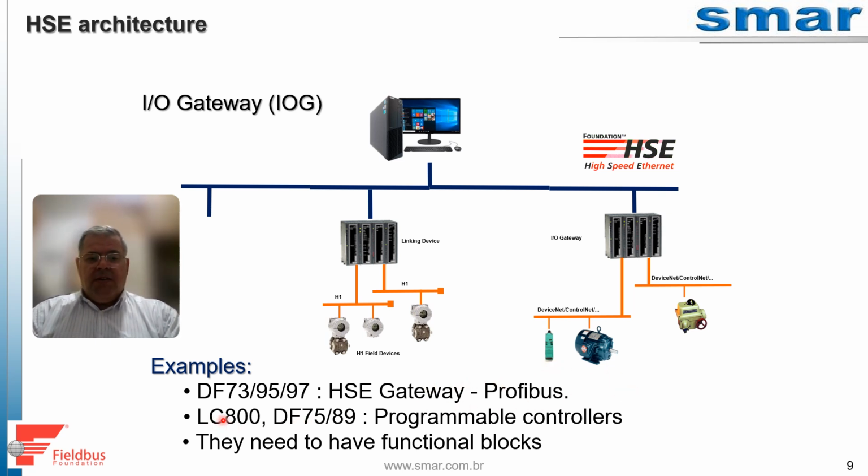For example, the LC800 and DF75 models are included. The programmable controllers, like the DF89, are programmed with ladder or block diagrams. They are standard network-capable equipment, but they do not belong to Foundation Fieldbus.